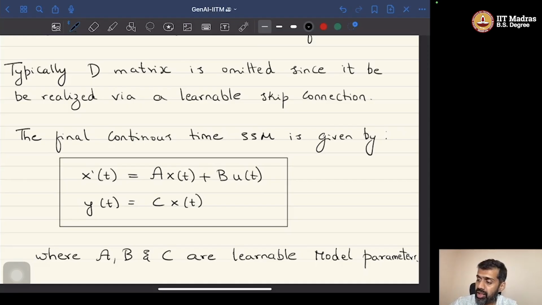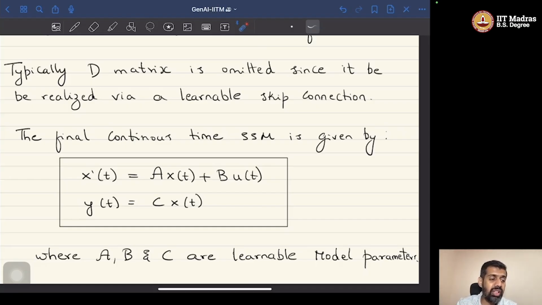Please note that I said that this is for the continuous time signals. So we are assuming that u and y and therefore the x are all continuous time signals, and therefore the derivative of x is well defined. So I can write it as x dash of t, where x dash of t is the time derivative of x. Okay, but in practice we will not have continuous signals.